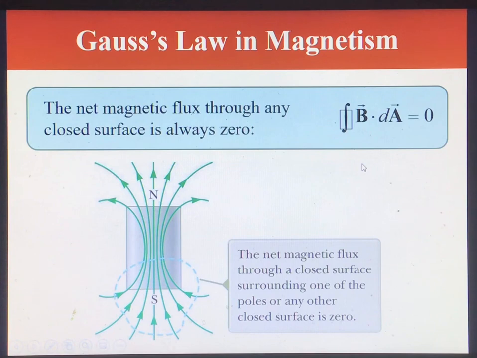We're going to be using this concept later on, once we get into chapter number 30. But again, Gauss's law in magnetism simply says that the net magnetic flux through any closed surface is always equal to 0.